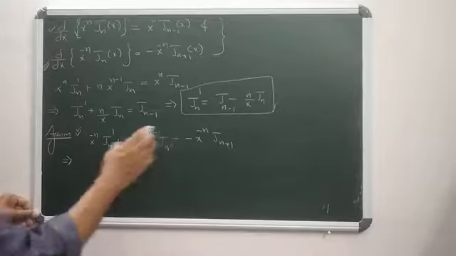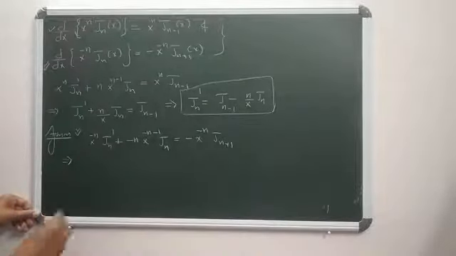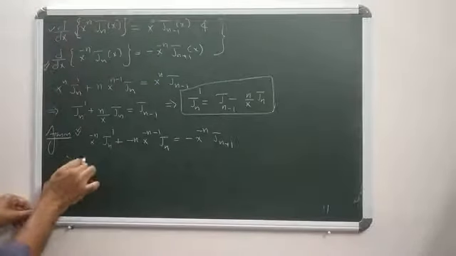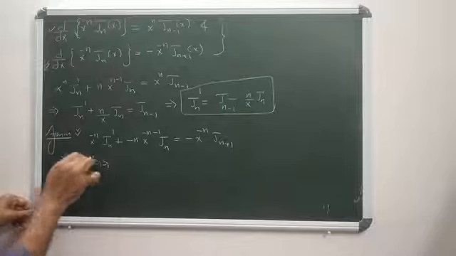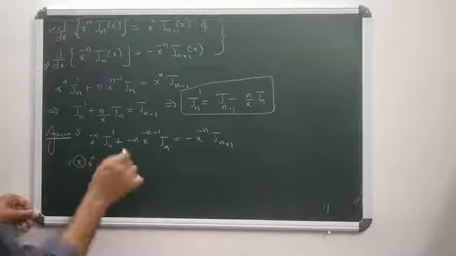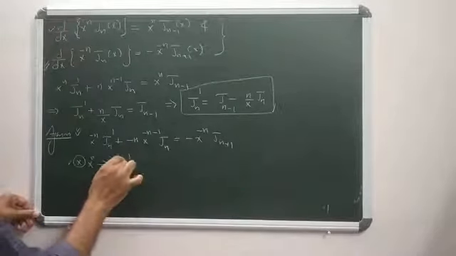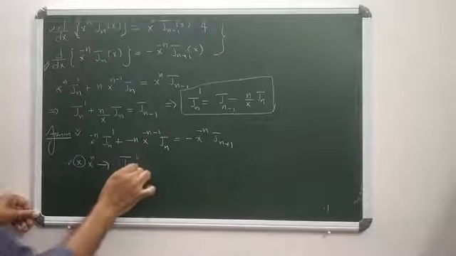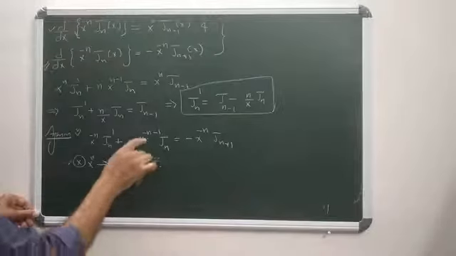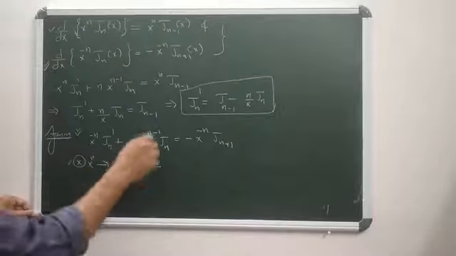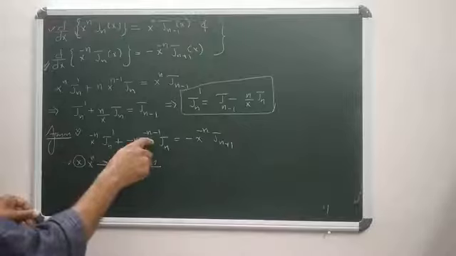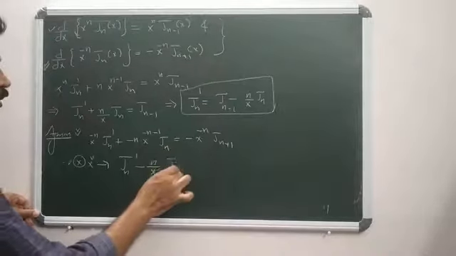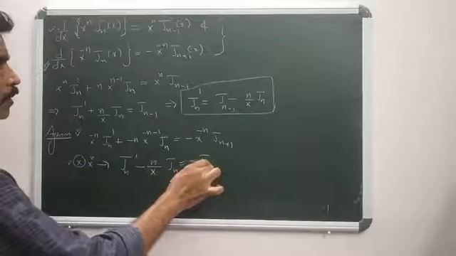So you can multiply throughout by x power n. What is it? It is Jn prime minus n by x Jn, because x power minus n into x power n cancel, and x power minus 1 remains there, equals minus Jn plus 1.